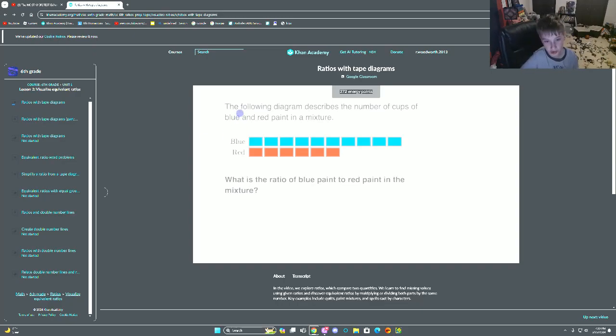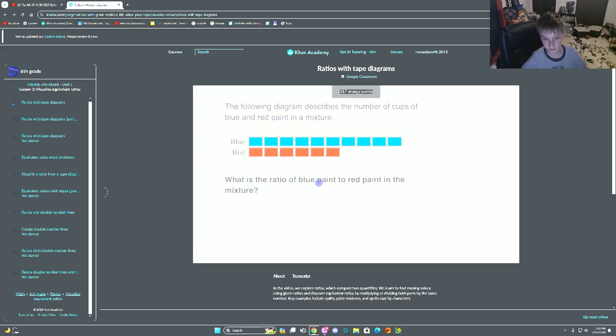Here we are told the following diagram describes the number of cups of blue paint and red paint. What's the ratio of blue paint to red paint in the mixture? Well, that would be for every 10 blue paint things, there would be 6 red things. 10 to 6.